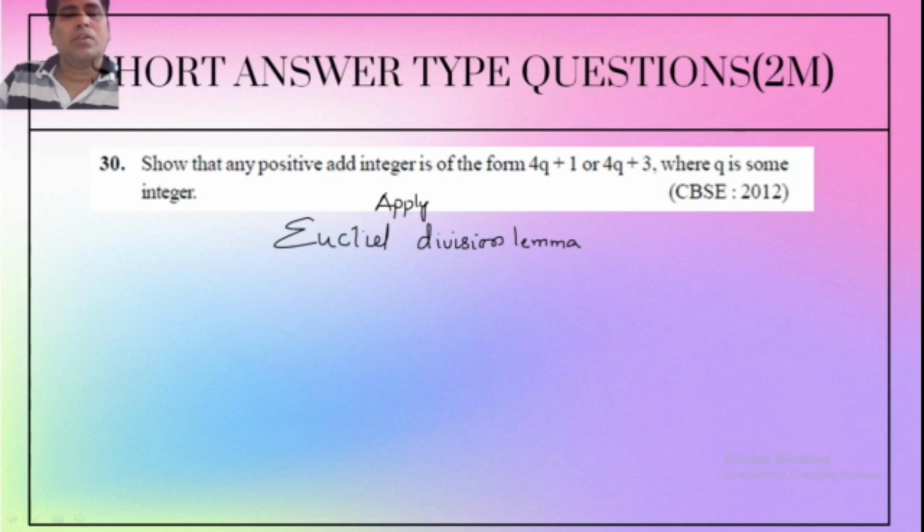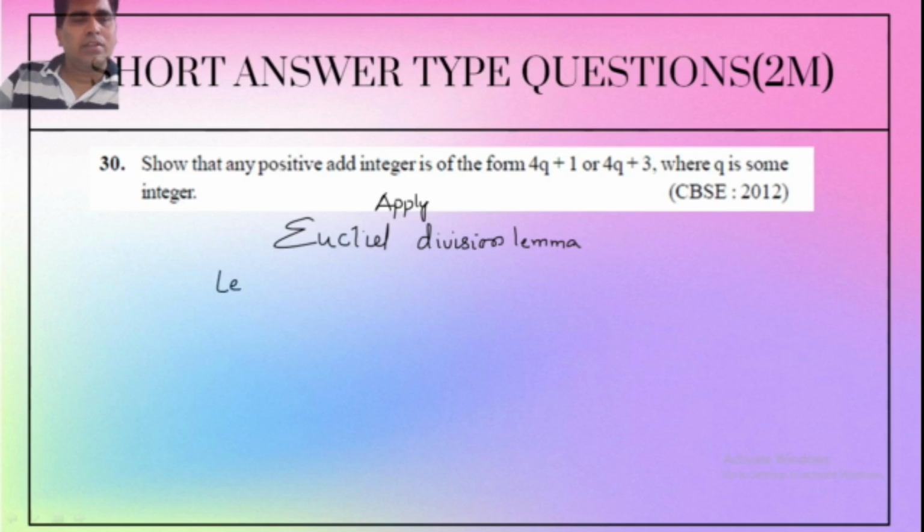A and B are two positive integers where A is greater than B. A can be expressed as BQ plus R, where R takes the value 0 to B, strictly less than B. So that is Euclid division lemma. Here the same thing I am applying.